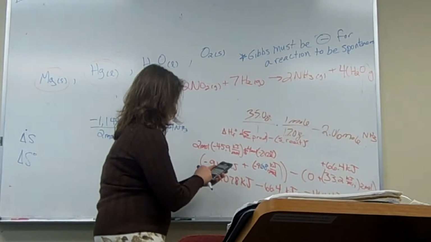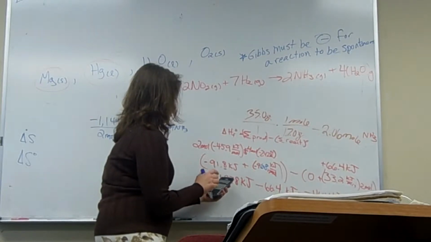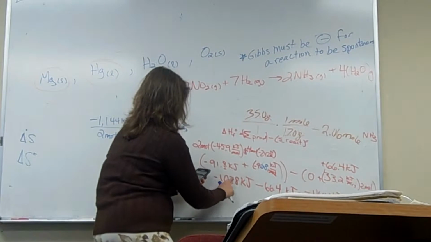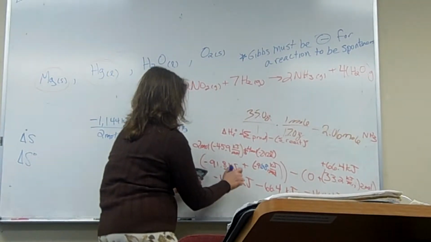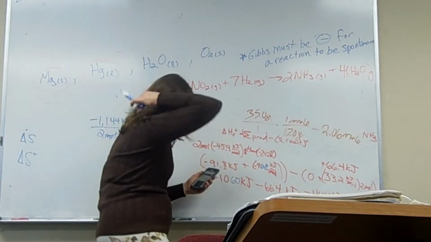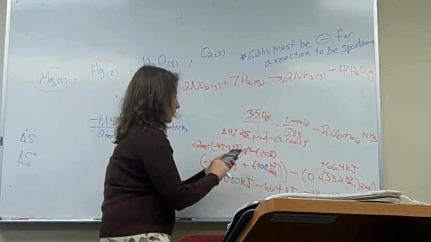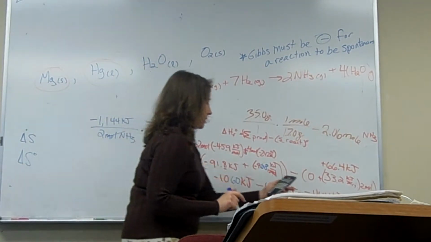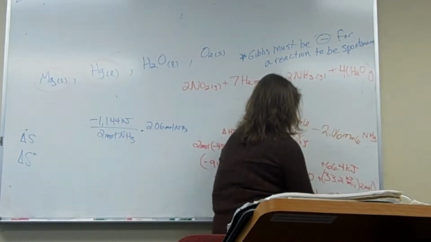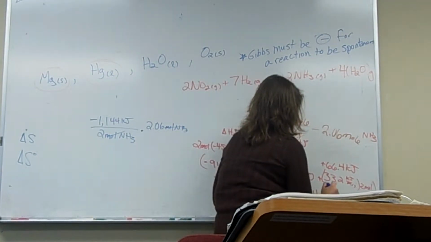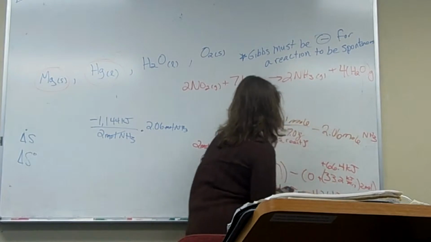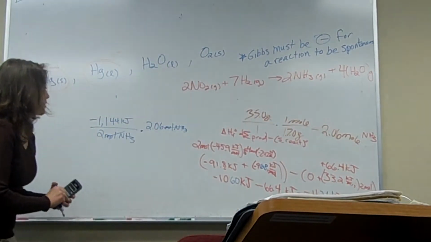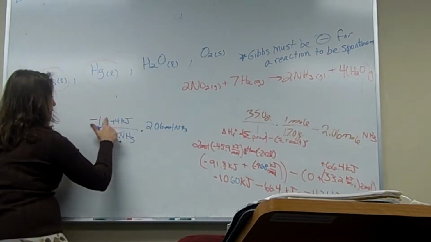Minus 9.8. So I get negative 1060 here. Yes. Okay. Minus 66.4. So 1126. That's what I got without. Okay. There. Good. So then we'll go here.